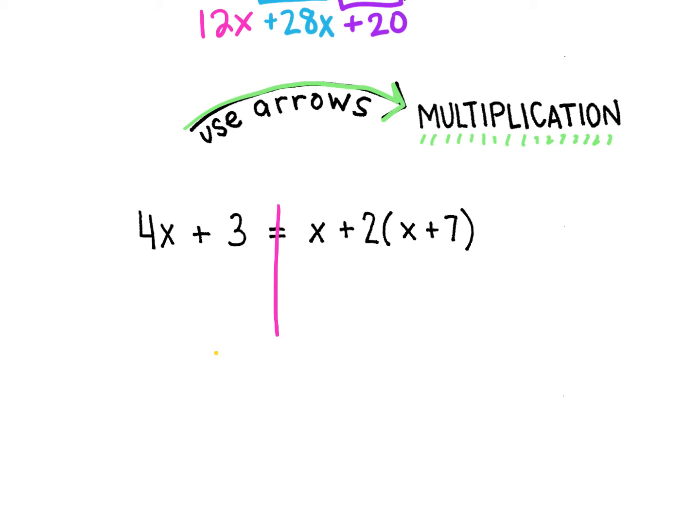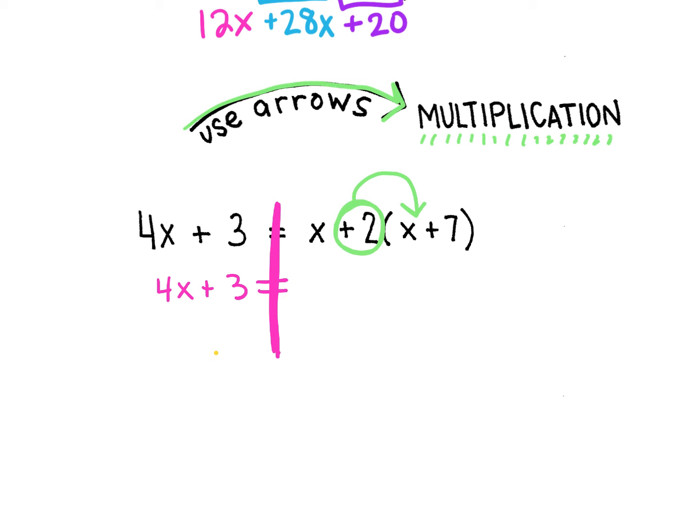So first things first, I'm going to establish where my equal sign is. I do have some distribution to do here. Again, I'm going to keep the sign with the term. This is a positive 2. I am going to distribute or multiply to the x, the first term in parentheses. What I probably should have done here is written, we're going to leave this 4x plus 3 equals.